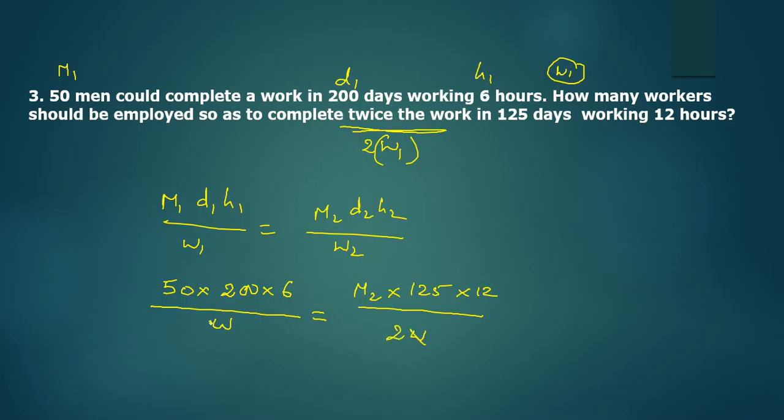W and W will get cancelled. 6 ones, 6 twos, 25 fives, 25 eights, 5 ones, 5 tens, 2 ones, 2 fours. So M2 is equivalent to, if you take this 2 to the right hand side, M2 equals 10 into 4 into 2, which equals 80.